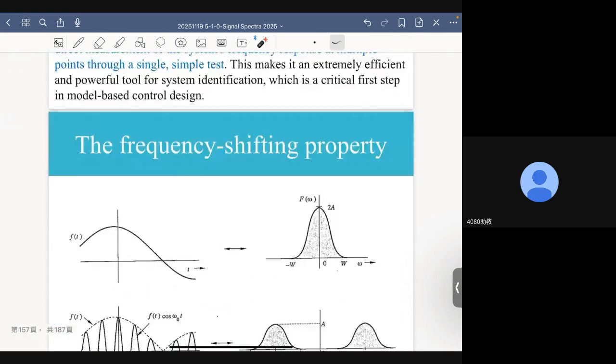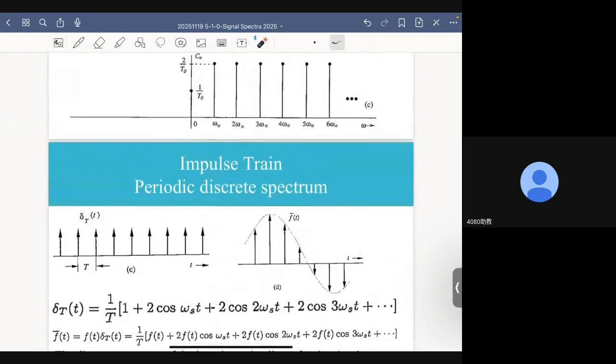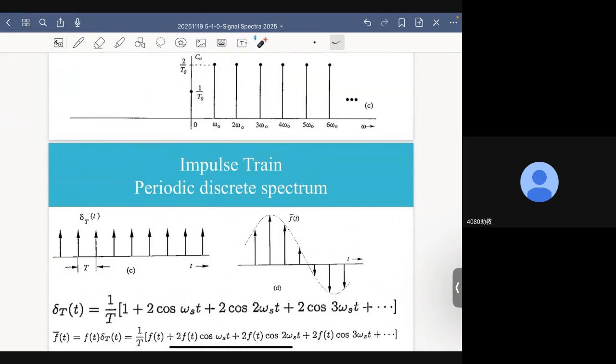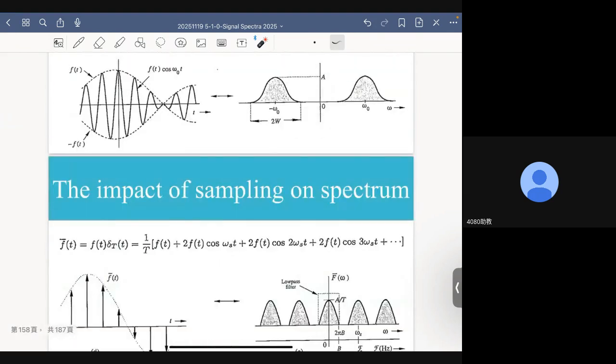All right, so what is the purpose of this process of showing why the sampling theorem is true?